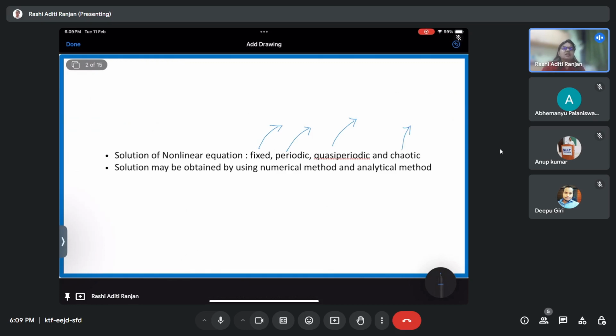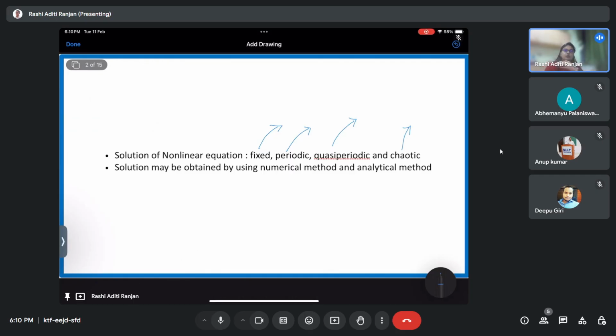We discussed in the last week's live session that in the case of a fixed, periodic and quasi-periodic response, the response depends upon the parameter value and does not show a very strong dependence on the initial condition.